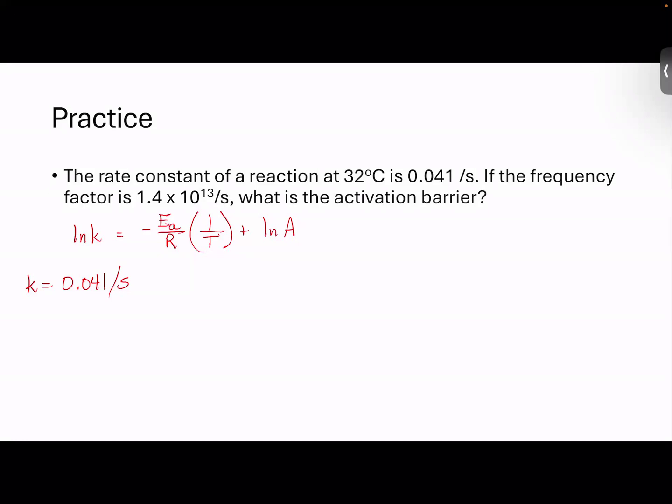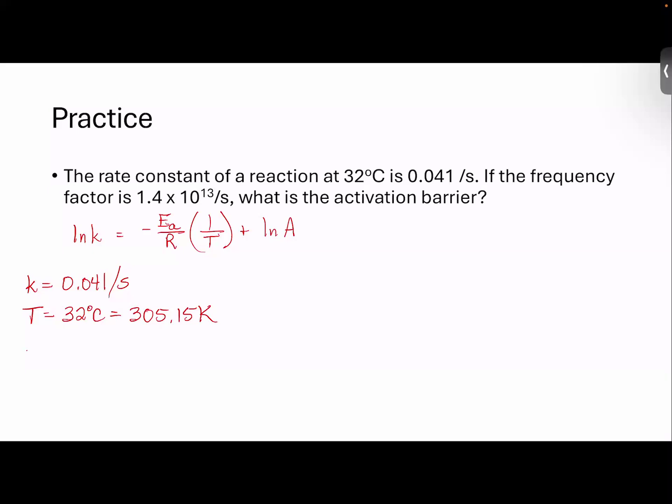We know that T is equal to 32 degrees Celsius, which means it is 305.15 Kelvin.